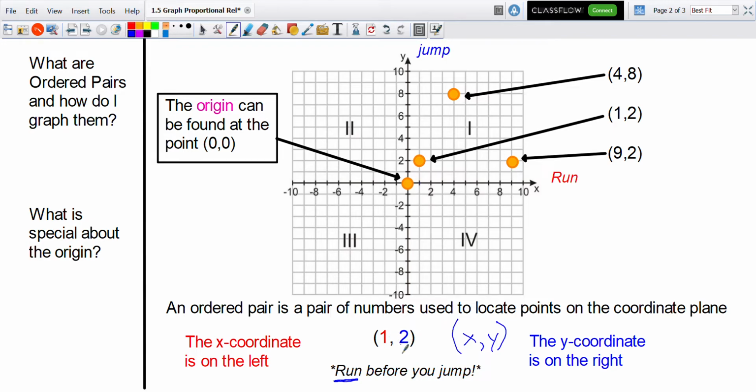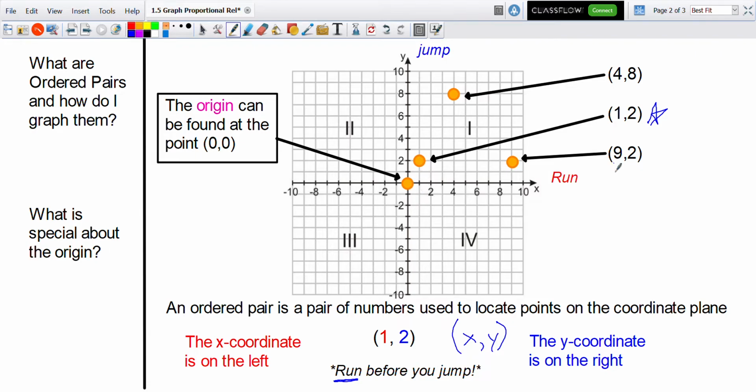The second number tells us how far up or down to go on the y-axis. Since it's a positive 2, from the origin I'll go up 2. So the ordered pair 1, 2 from the origin goes one spot to the right and up 2 spots. That's why the 1, 2 is right here. One spot right, up 2.